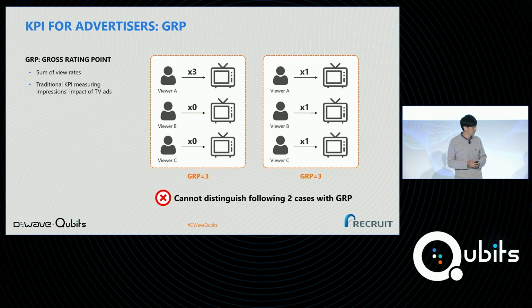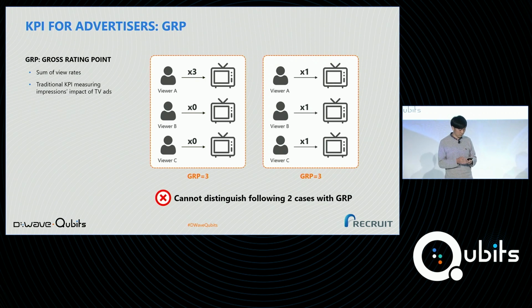Let's look at this example. In the left case, only one person is watching the TV commercial 3 times. But in the right example, 3 people are watching the TV commercial only once. In both cases, GRP is calculated as 3, even though the situation is totally different.